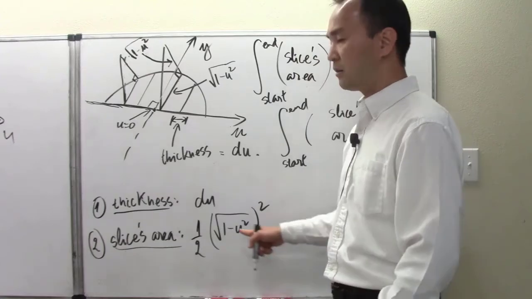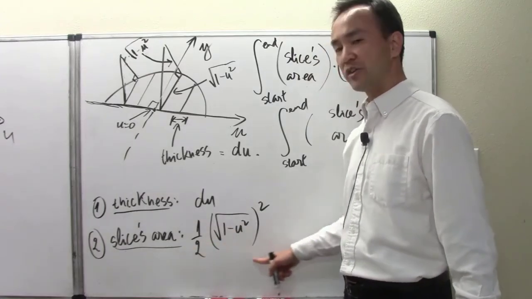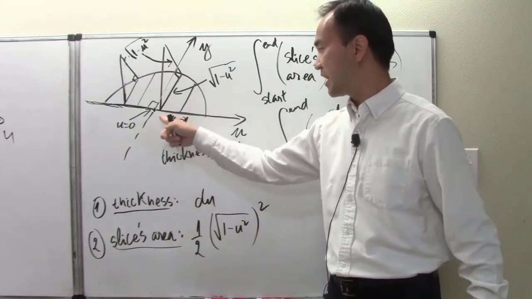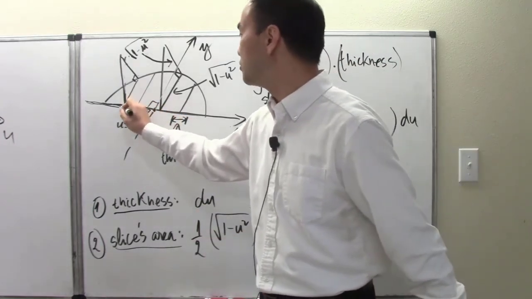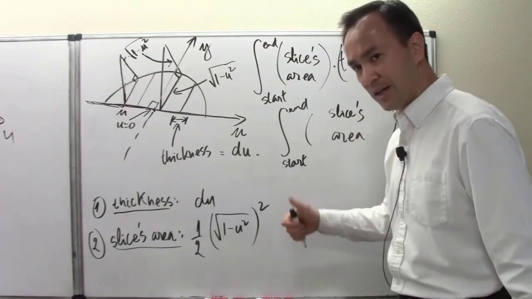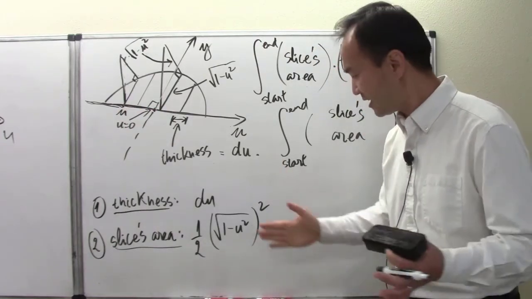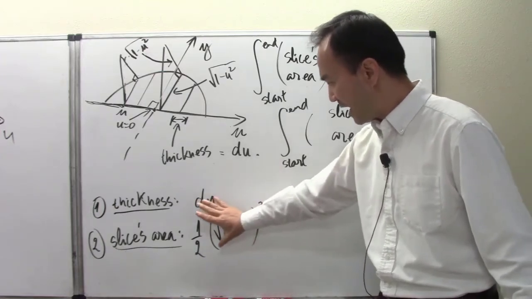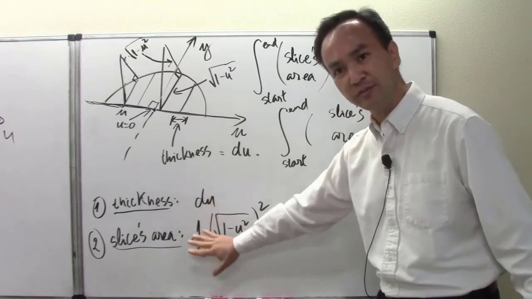All right, so now that is our expression representing the area of any slice at a general u value. Let's look at this as a checkpoint for consistency: our slice area is expressed in terms of u.